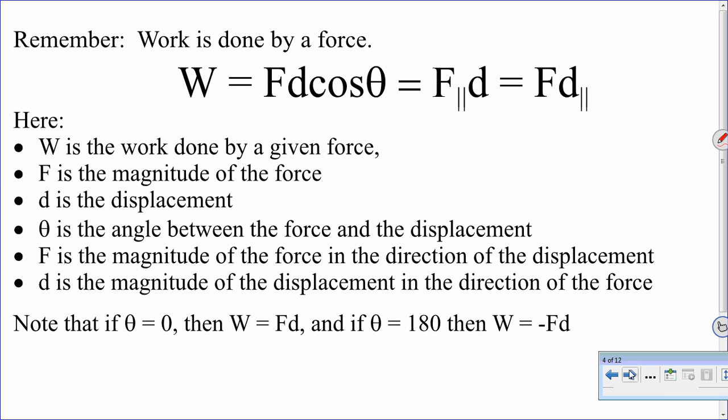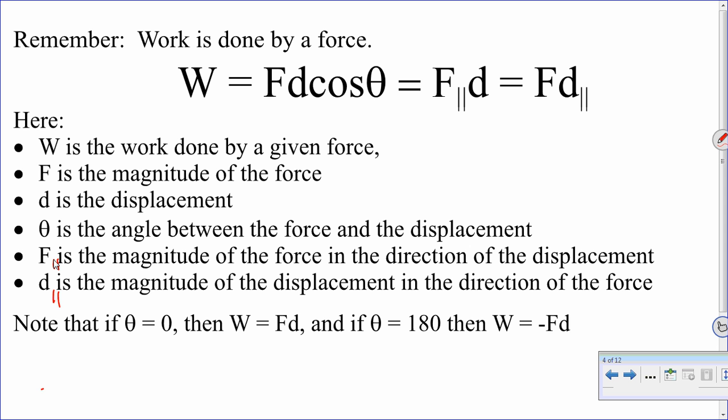This second to last bullet here, where it says F is the magnitude of the force in the direction of displacement, that's supposed to be F parallel. So I put F parallel here. I'll explain that in the next example. And similarly, this is supposed to say D parallel, and I'll explain that when we do the example. Okay, so that's kind of the deal.